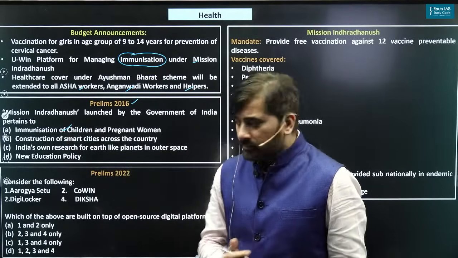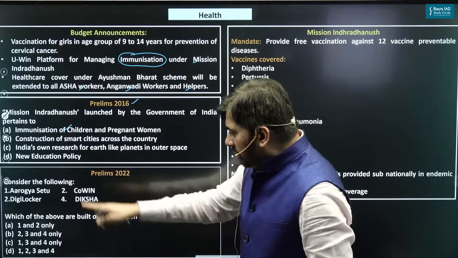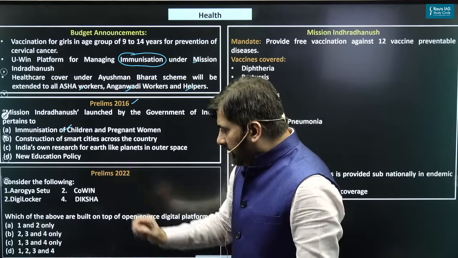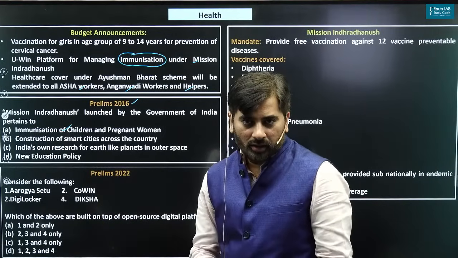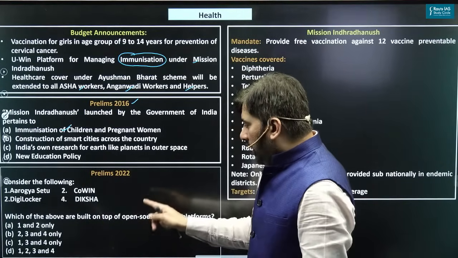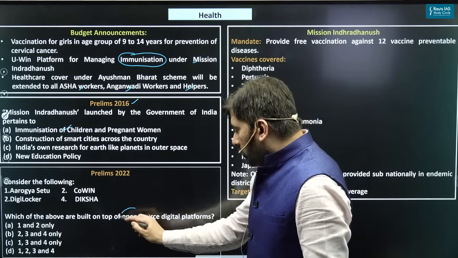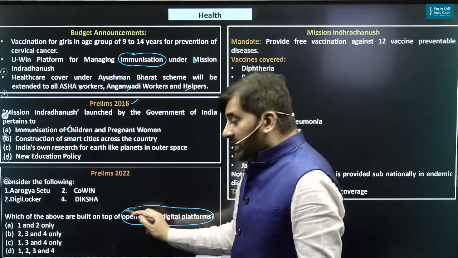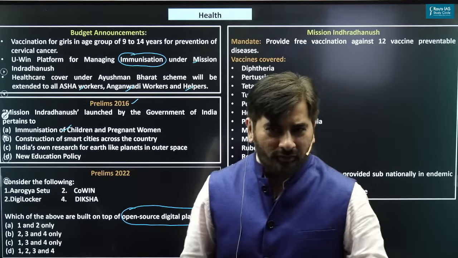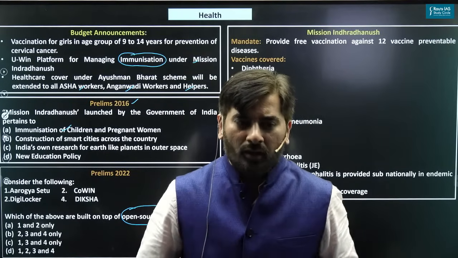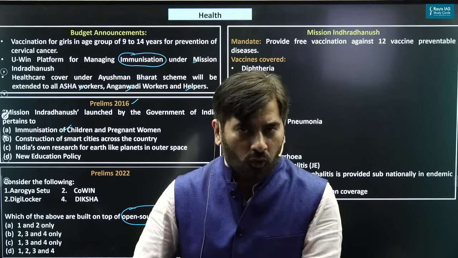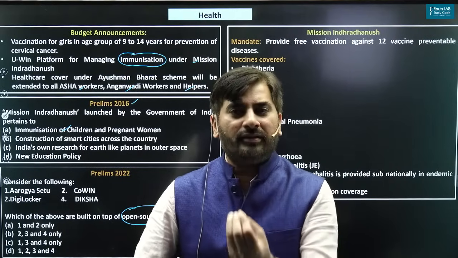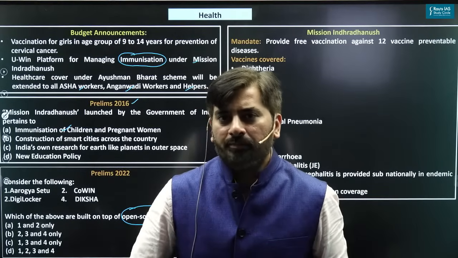Prelims 2022, consider the following: Arogya Setu, Cowin, DigiLocker, and Diksha. Which of the above are built on the top of open source digital platforms? Now, what is open source platform? Open source platform basically means the source code of these platforms is available in the public domain.